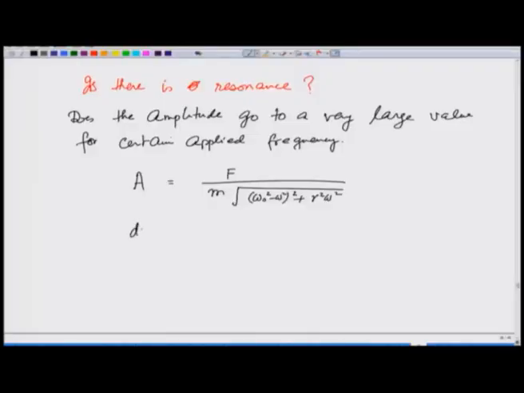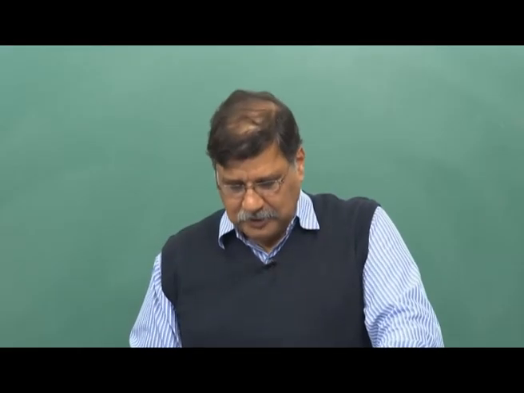That we can find out by writing dA by d omega equal to 0. That gives me maximum or minimum. In this case, it's going to be maximum, and you can check that by taking the second derivative.